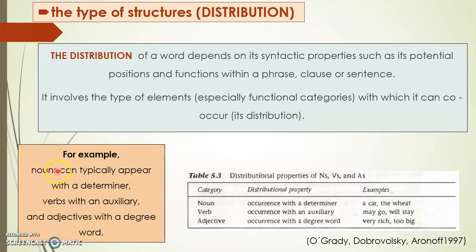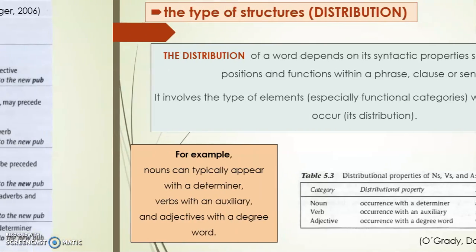So, for example, nouns can typically appear with a determiner. Okay, a car, the wheat. Verbs with an auxiliary, may go, will stay. Adjectives with a degree word, like very rich, too big. Okay, so that is the distribution, and it's very useful when you analyze a sentence to have this in mind.